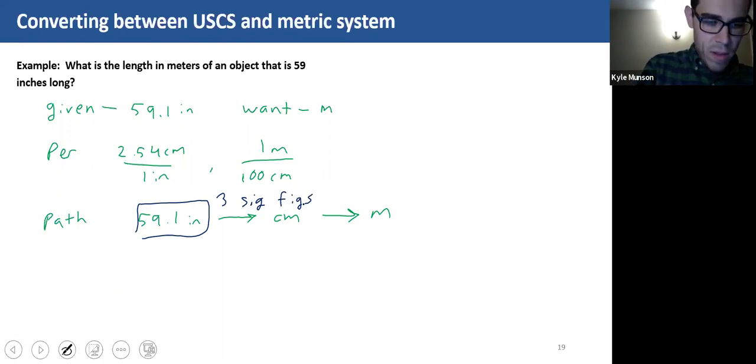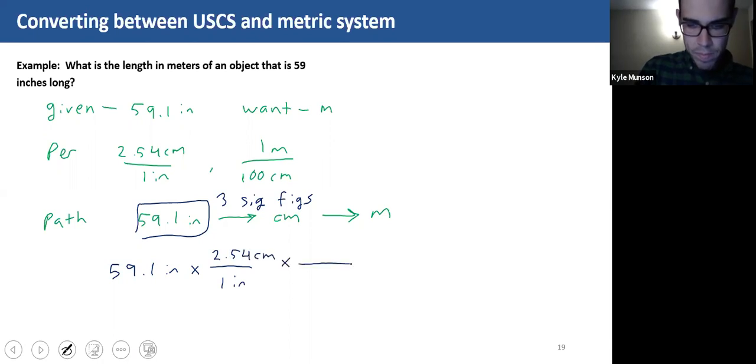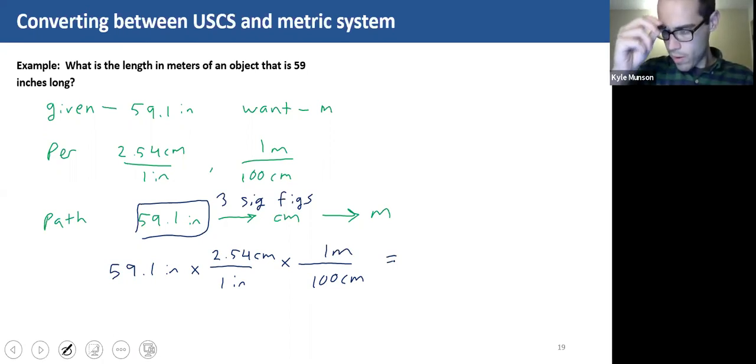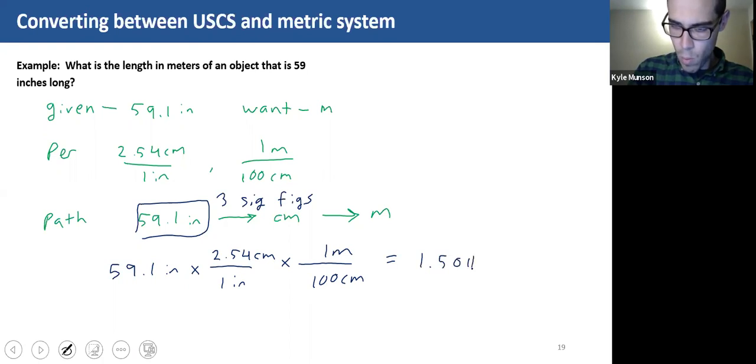Okay, so let's do this, knowing that our answer can only have 3 significant figures: 1 inch, 2.54 centimeters, 100 centimeters, 1 meter. Okay, you put that in your calculator, you get 1.50114 meters.